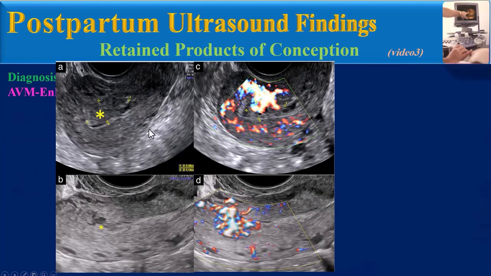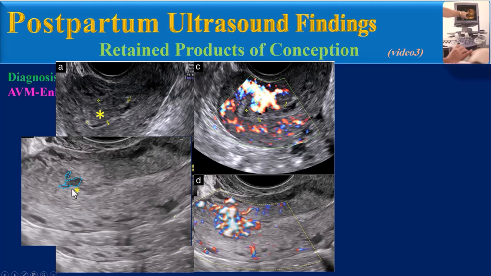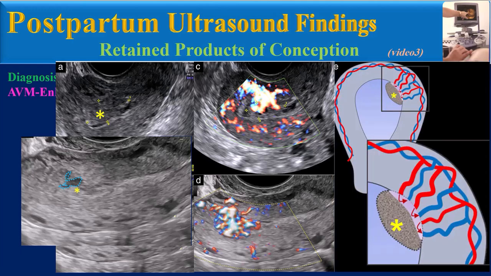These images show grayscale and power Doppler ultrasound images of RPOC after early miscarriage with underlying enhanced myometrial vascularity in two different patients. Please note the tortuous, dilated hypoechogenic vessels on grayscale ultrasound, which correspond to the dilated high-velocity myometrial vessels visible on power Doppler. This schematic diagram shows EMV underlying retained pregnancy tissue.